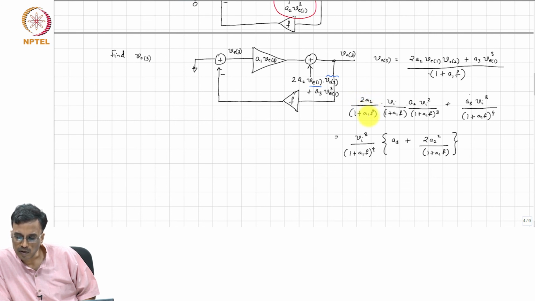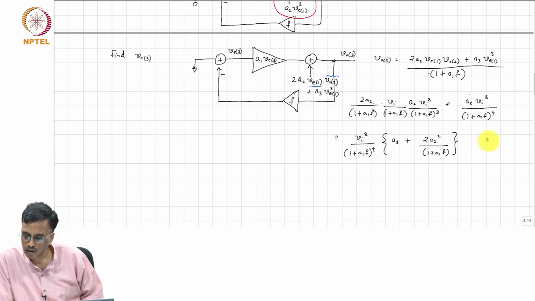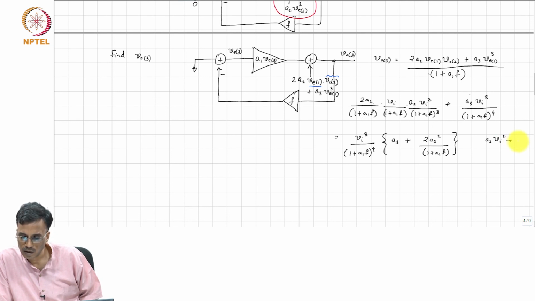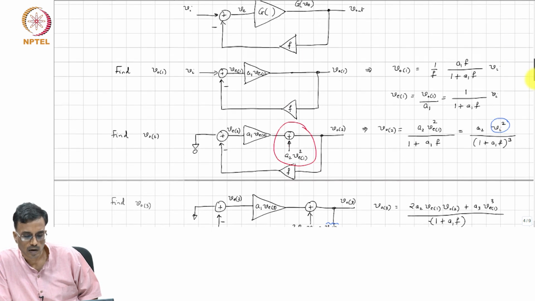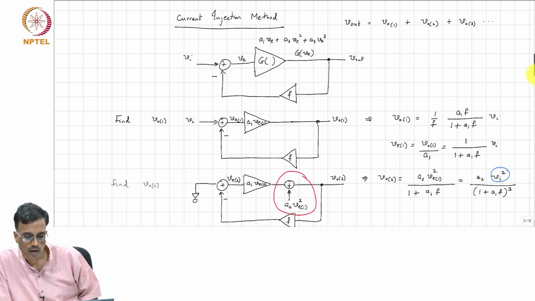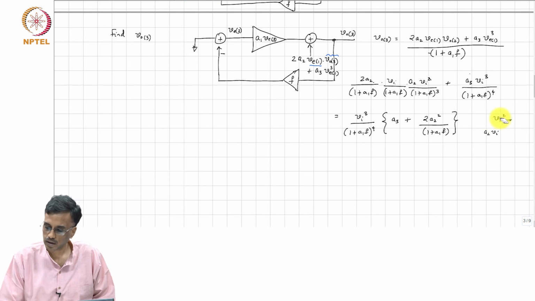A2 Vi square is voltage, Vi is voltage. So, A2 Vi is dimensionless, correct. A2 Vi is dimensionless, so we are okay. All right.